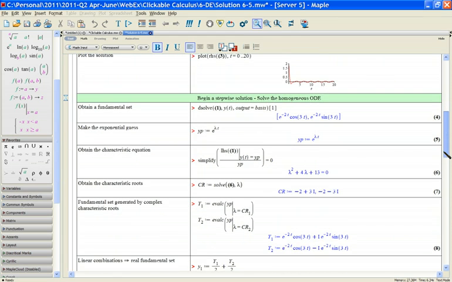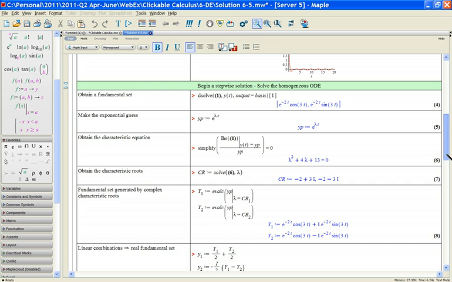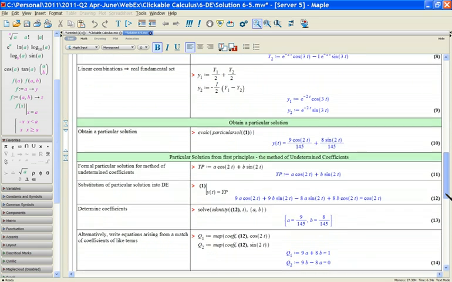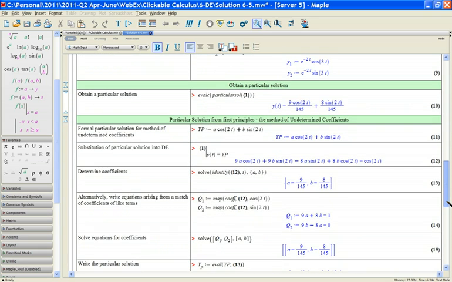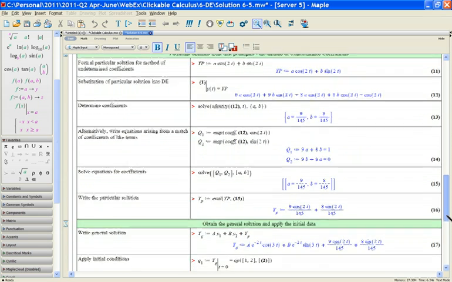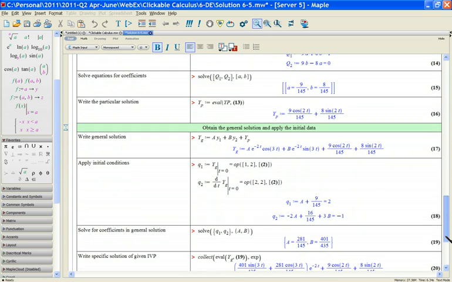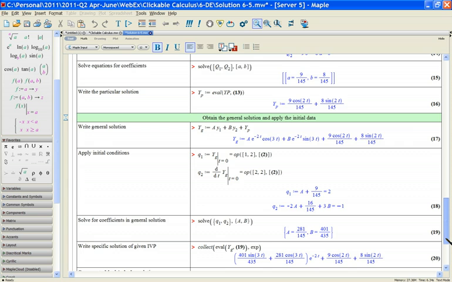Then I would have them solve the problem stepwise using Maple to implement the steps of the algorithm. And they needed to practice this several times in order to get the structure of the calculation clear in their minds and see where all these details fit in.